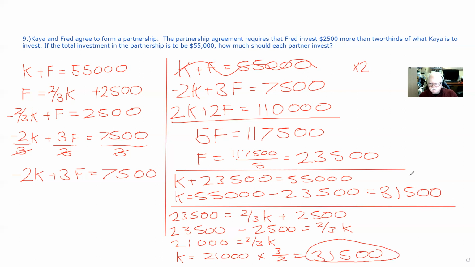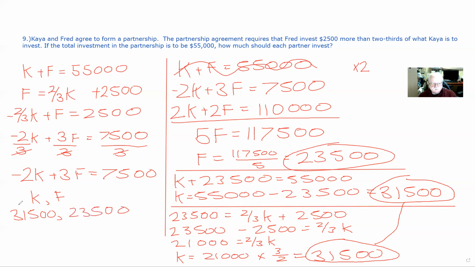So because this equals this, we're pretty happy that this is a good answer. So if our ordered number pair goes in the order of K and F, which is the way we've defined it, then K is equal to 31,500 and F is equal to 23,500.